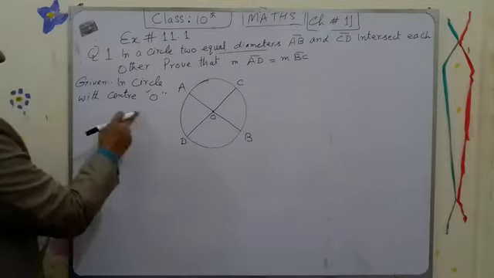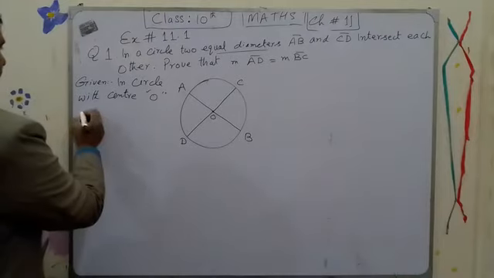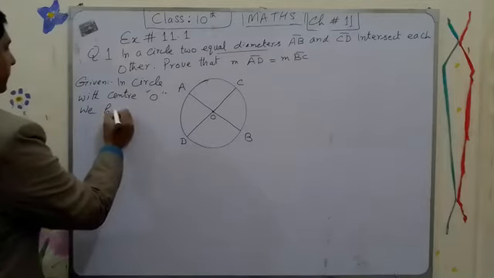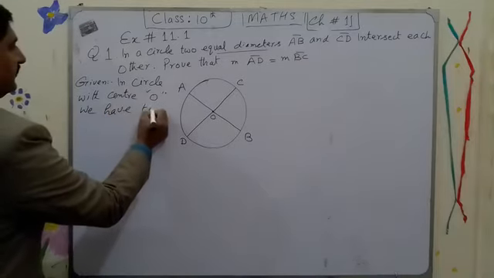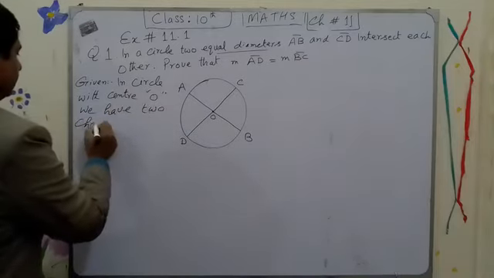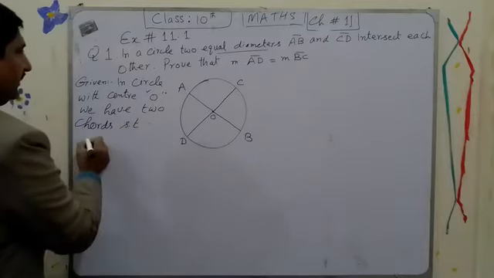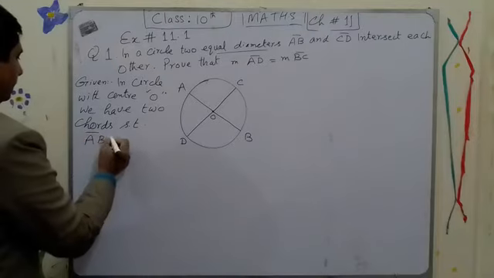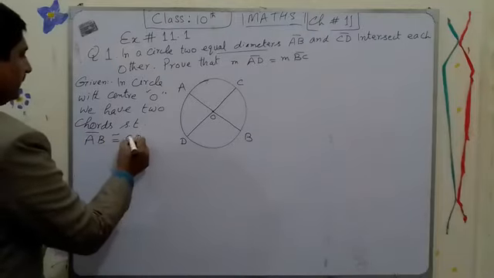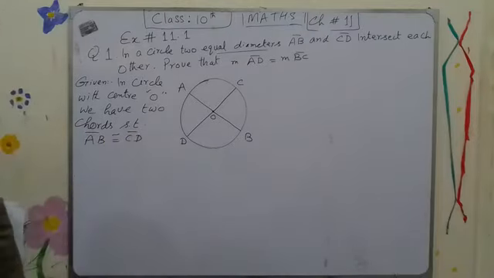In a circle with center O, we have two chords such that AB is congruent to CD, right? These two things we have been given.